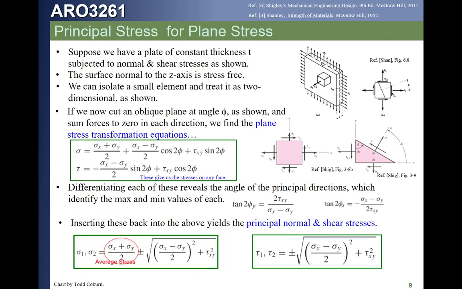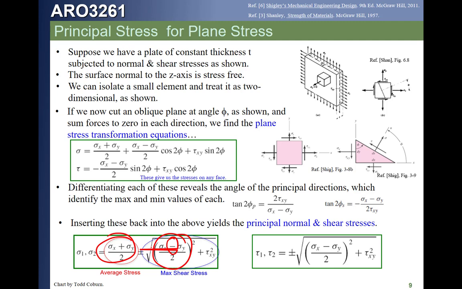Now if we look at this even further, we notice, oh my gosh, this is even easier than that, because this part of the equation is just the average stress. And this over here is the max shear stress. In fact, you'll notice these two terms are nearly identical, because this term and this term are the same except for one stroke.